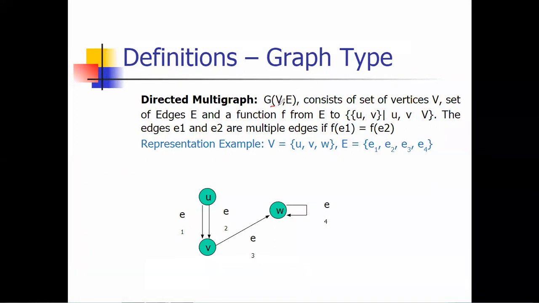The graph is a combination of vertices and edges, consisting of a set of vertices and a set of edges, and a function f from E to {u, v}, which we represent in curly brackets. The edges e1 and e2 are multiple edges.